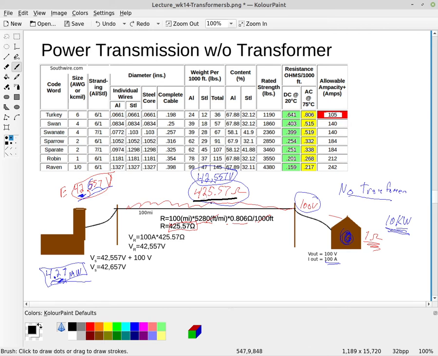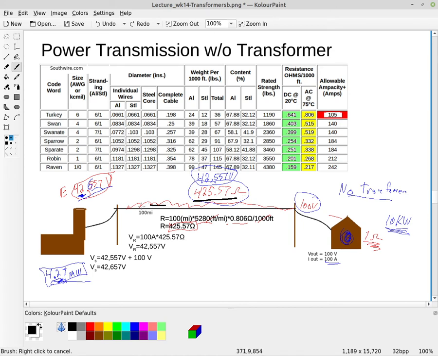They're supplying 100 amps across 426 ohms of resistance. So there's a voltage drop across there, right? 100 amps times 426 ohms is going to be 42.6 kilovolts basically being dropped across this 426 ohms.